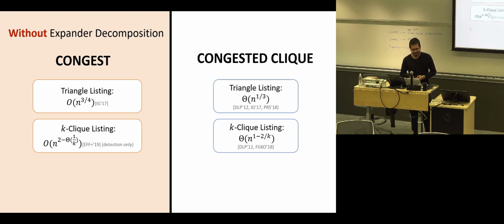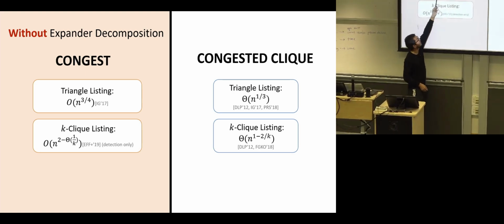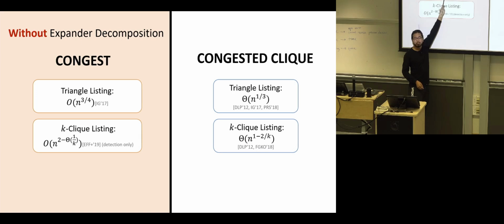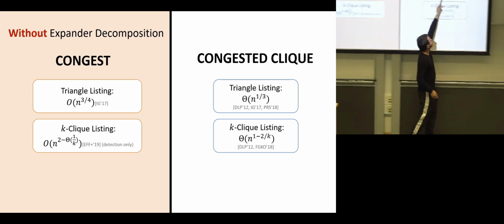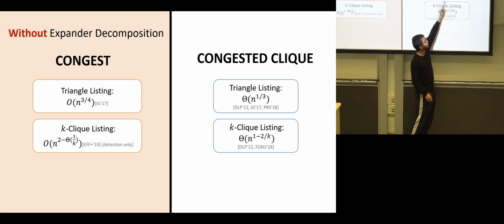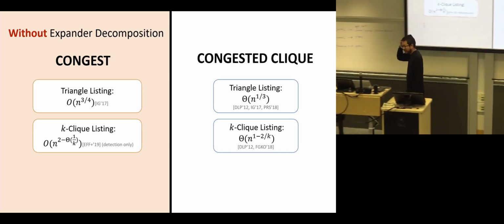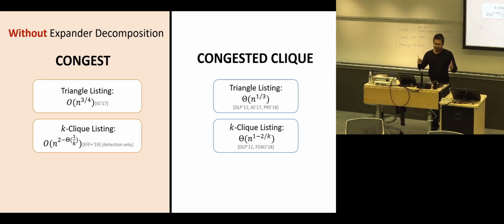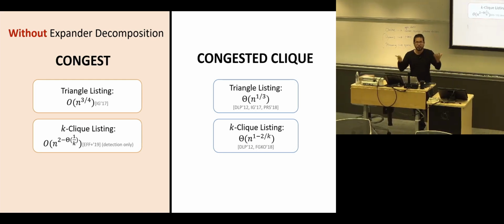And in CONGEST, which is harder to get algorithms for, people get this running time. It's sublinear rounds. But in congested clique, they get this optimal bound. They can prove this is optimal. It's n to the 1/3. And that's expected because congested clique is just easier to solve things. We can communicate more.